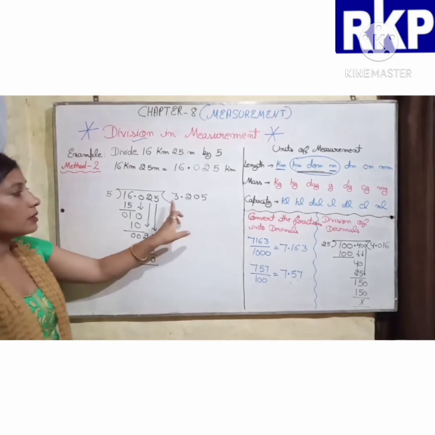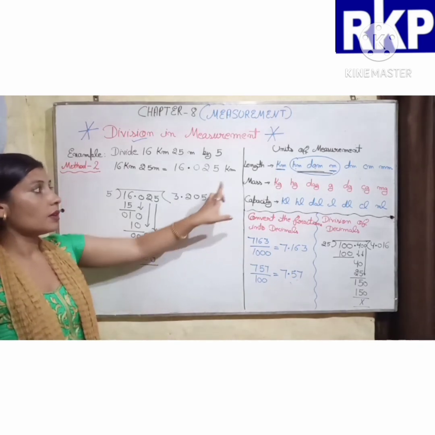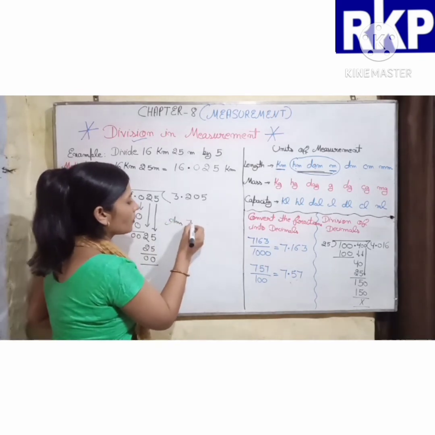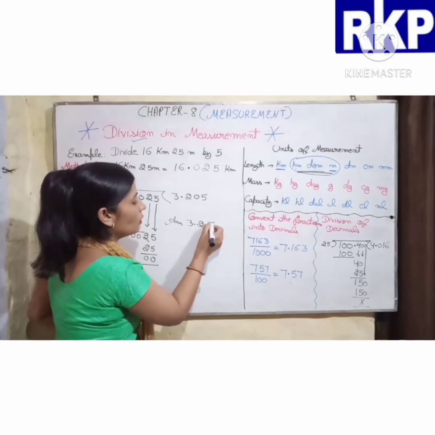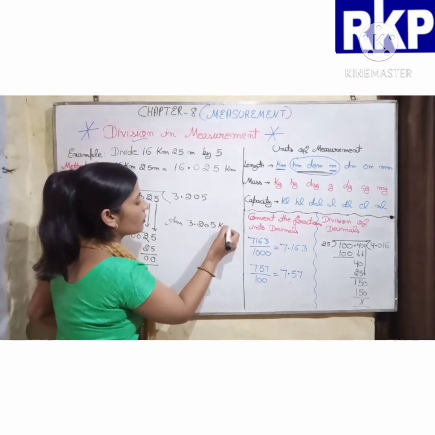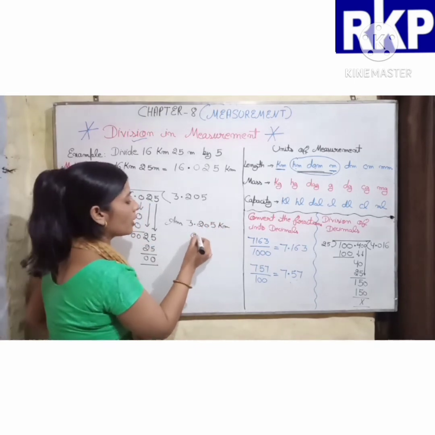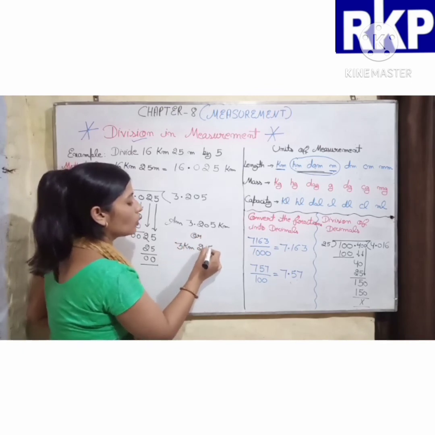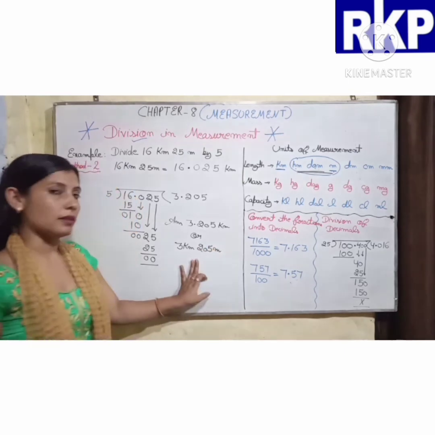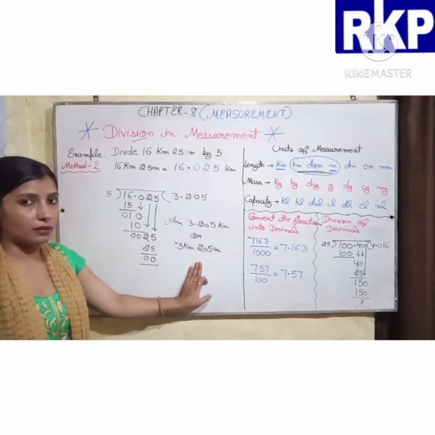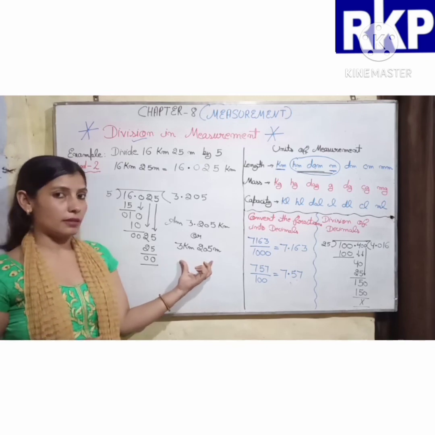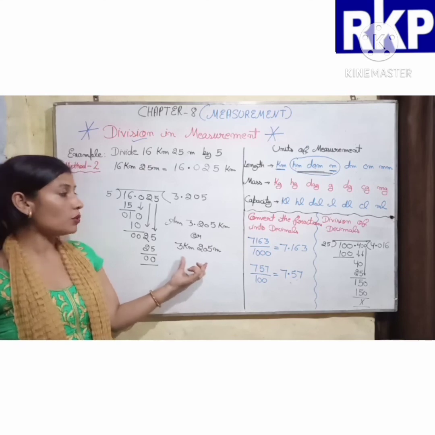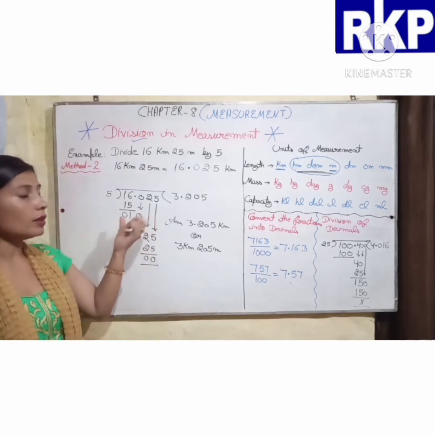So our answer will be 3.205 kilometers, or you can write this as 3 kilometers and 205 meters. So by both methods, we get the same answer: 3 kilometers, 205 meters. So you can use any method for dividing.